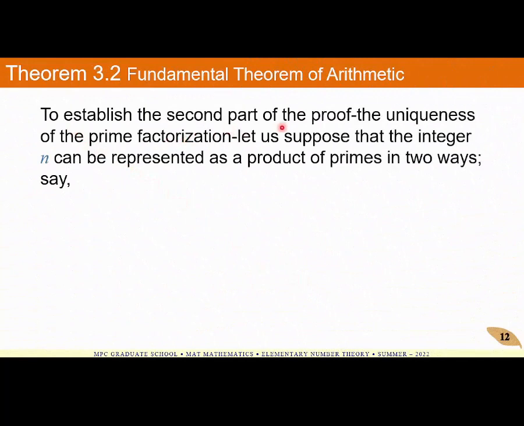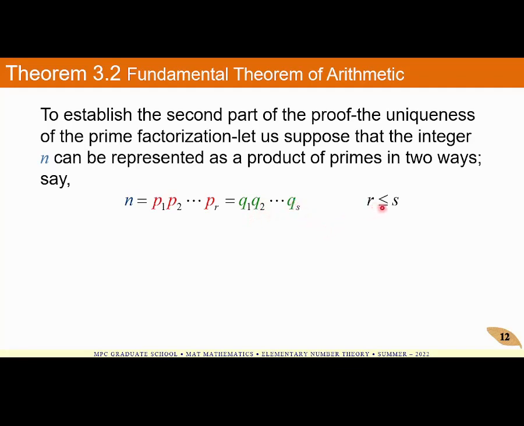To establish the second part of the proof, the uniqueness of the prime factorization, let us suppose that the integer n can be represented as the product of primes in two ways. Say, n equals p sub 1 times p sub 2 up to p sub r, which equals q sub 1 times q sub 2 up to q sub s.